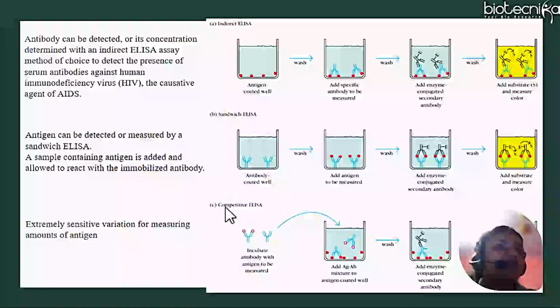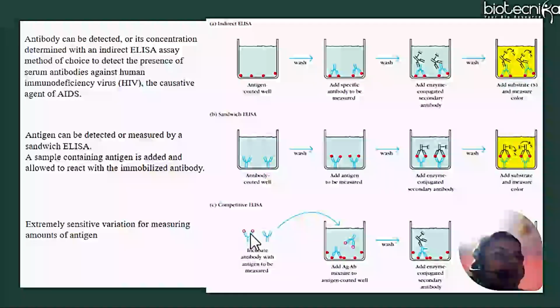The fourth is known as your competitive ELISA. Now in competitive ELISA, remember, there will be a few antibodies onto which you will already add the antigen, and a few of the antibodies will be naked. So both of these are very specific towards one common antigen. You have a microtiter plate which is coated with the same antigen.